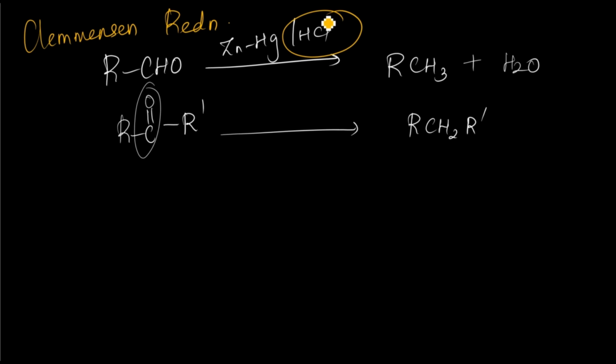One more important point you have to remember here is that it reacts in acid medium only. This will not go in basic medium, and if there is a functional group which can be affected by acid, then this reaction will not give you the desired product.